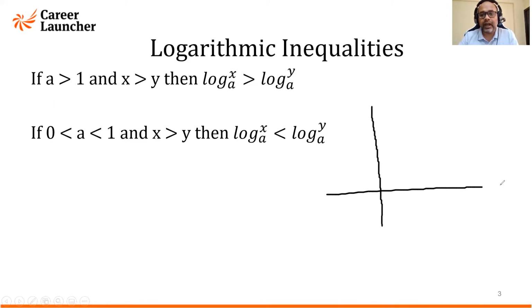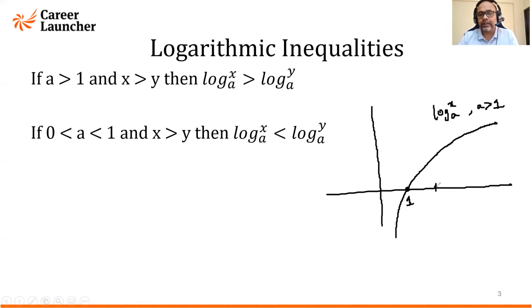If you remember the graph of logarithm, this is how it looks. This is log x to the base a, where a is greater than 1, and this point is x equal to 1.